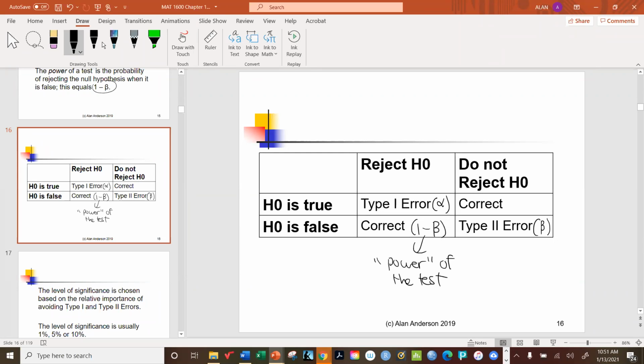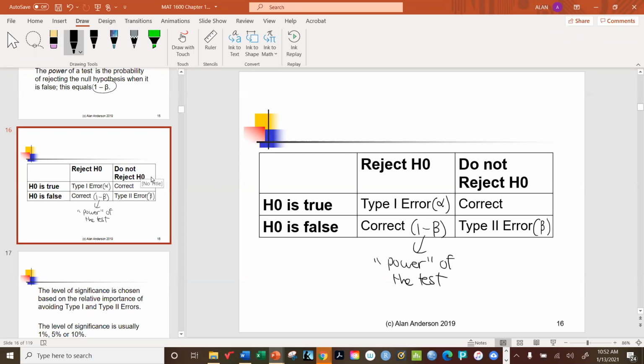It technically, you can see it would have to be 1 minus alpha, but it doesn't seem to have a name. So we'll stick with these. Alpha for the reject type 1 error, beta for the type 2 error, and then the power is the likelihood that you will reject the null when it's actually false. Okay. So this way we can see them all together in one place and start to make sense out of it.